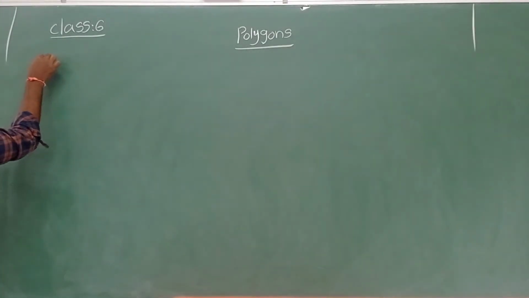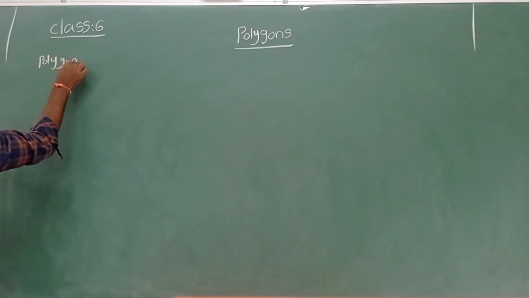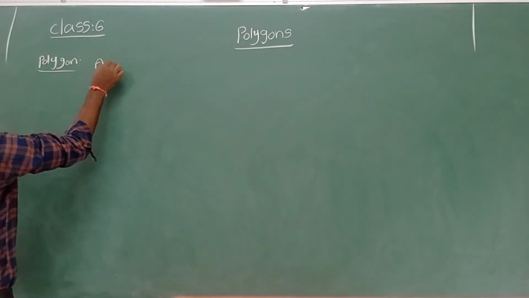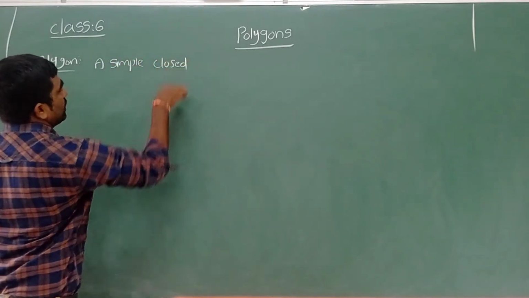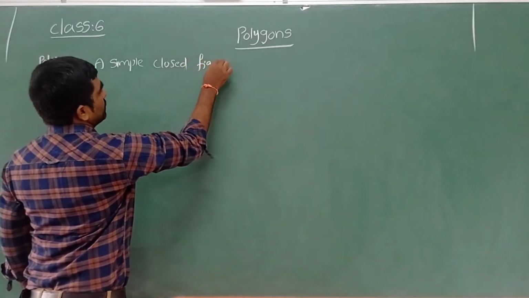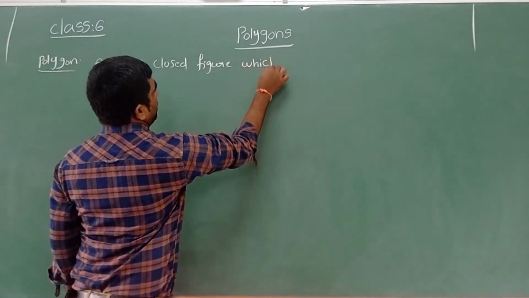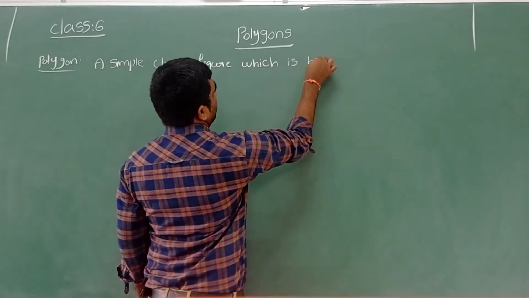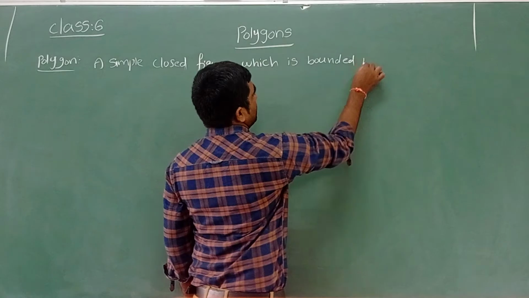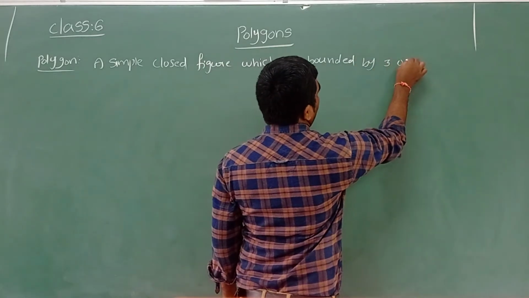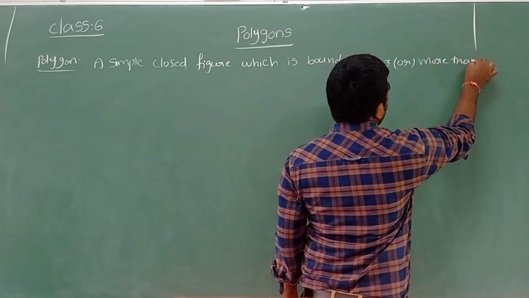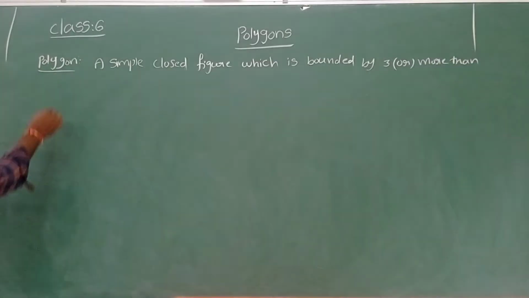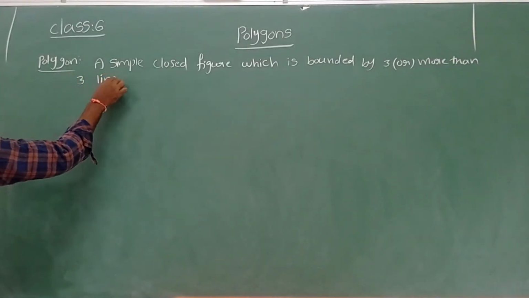Chalo, let's go for what is a polygon. First, the definition, beta. Let me give you the definition of a polygon. A polygon is nothing but a simple closed figure. Let me write here: a simple closed figure which is bounded by three or more than three line segments.